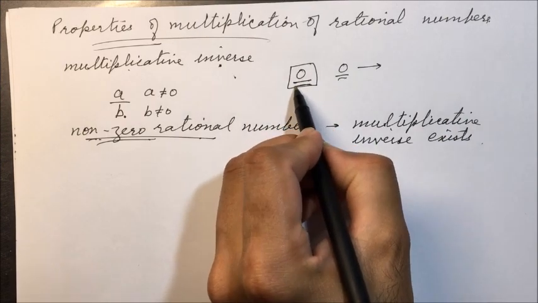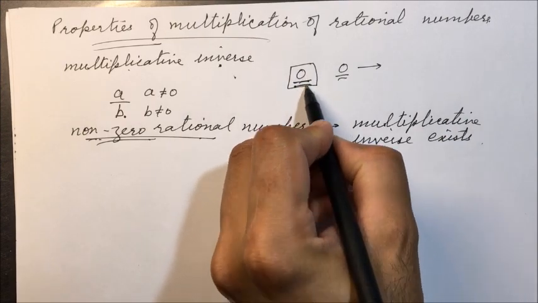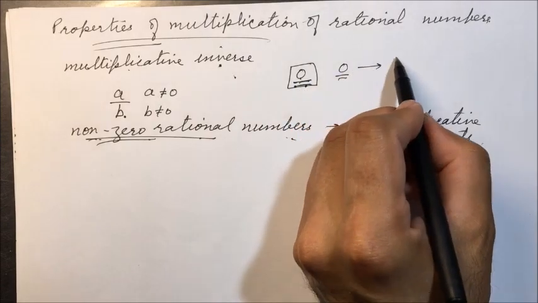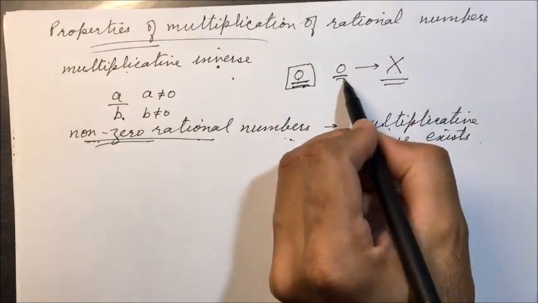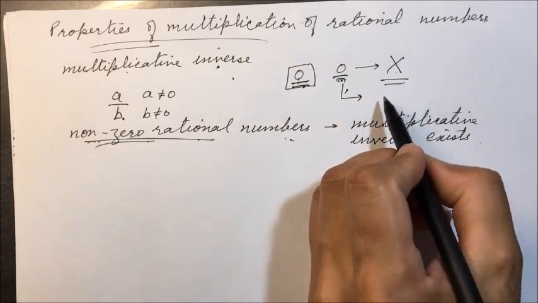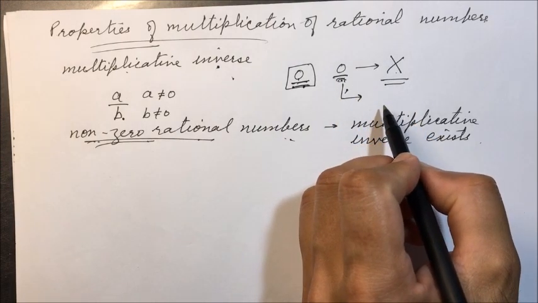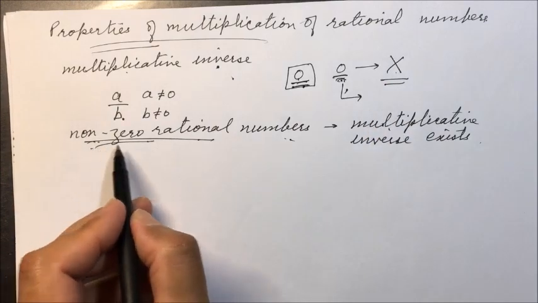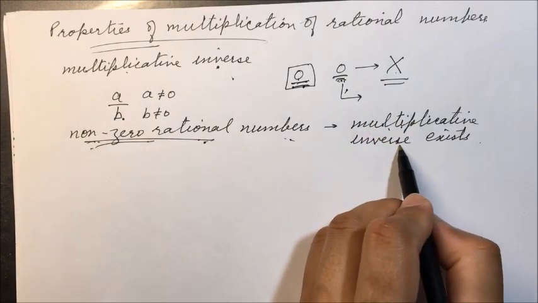If a rational number is 0, for example 0 is a rational number, there is no multiplicative inverse for 0. 0 is the only rational number for which no multiplicative inverse exists. So for a non-zero rational number, a multiplicative inverse exists.